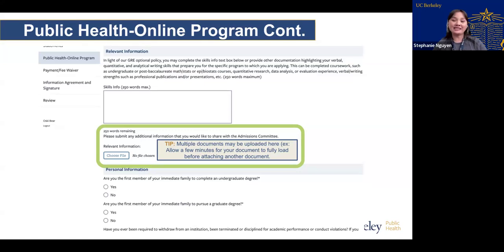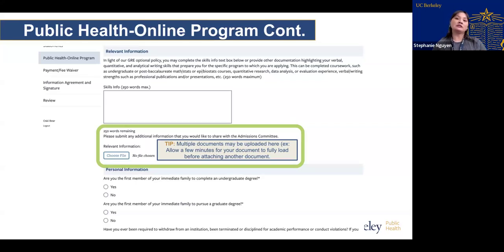So if you have any quantitative skills or anything that you feel is helpful to document to help us get a better sense of your analytical writing skills, your quantitative skills, things that may not necessarily have a full highlight on any of the other documents, or maybe you want to really drive it home and make that stand out, this is a really great space for you to incorporate that information. So you can use the skills info to incorporate any type of context that you feel is relevant to showcasing some of those details that are listed here.